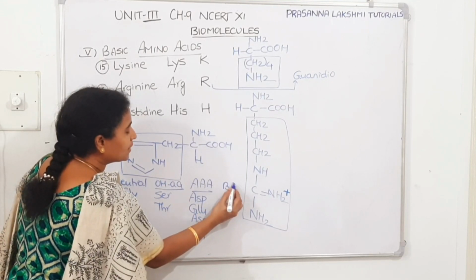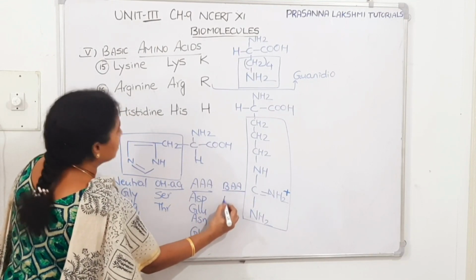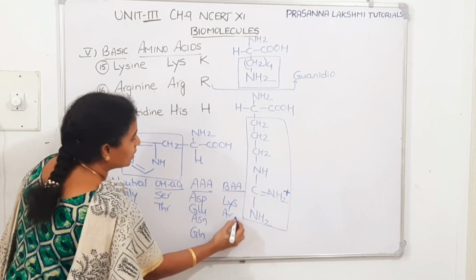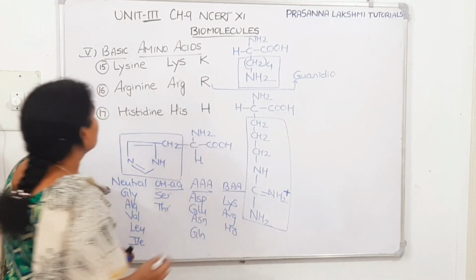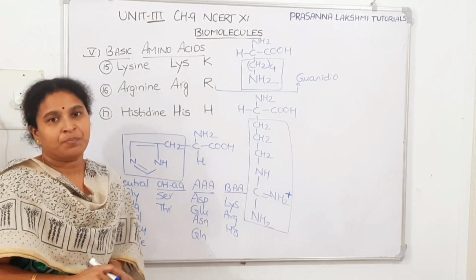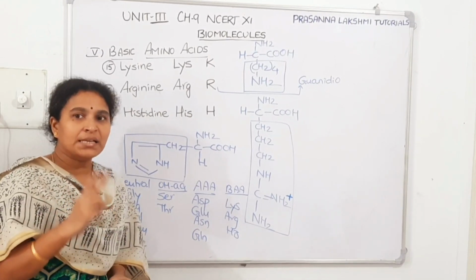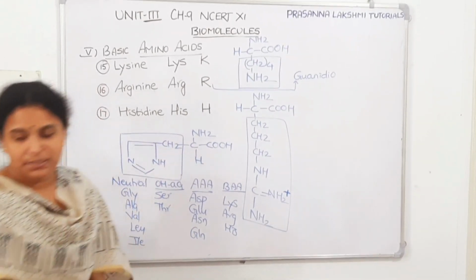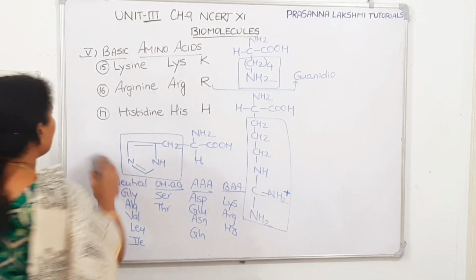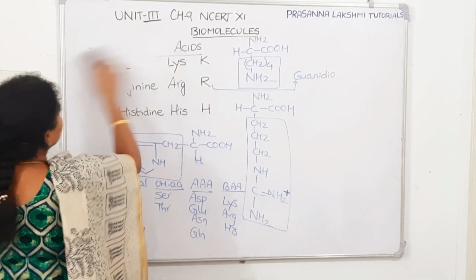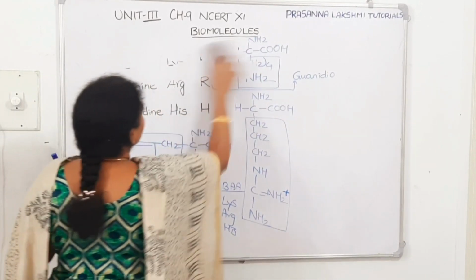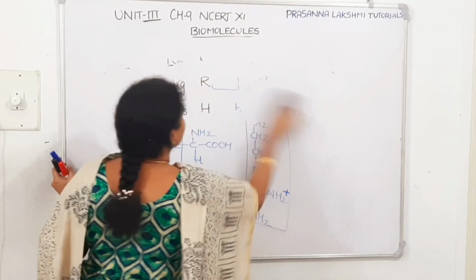Now we have seen basic amino acids: lysine, arginine and histidine. So that's 17, and 3 more are there. 2 are sulfur containing amino acids and the last one is an imino acid. Let's go with that, so 18, 19, 20. Then our information about types of amino acids will get over.